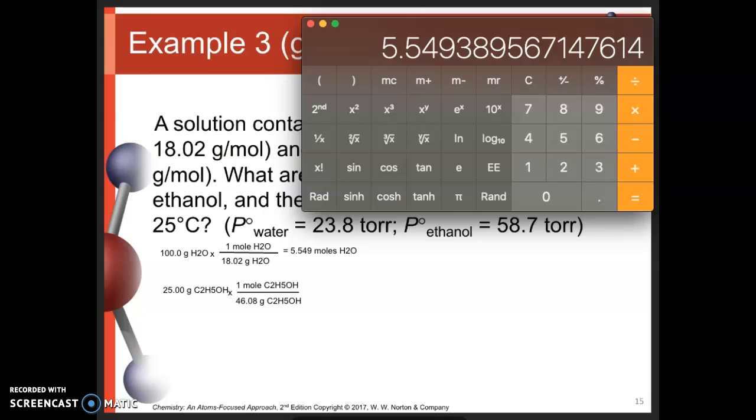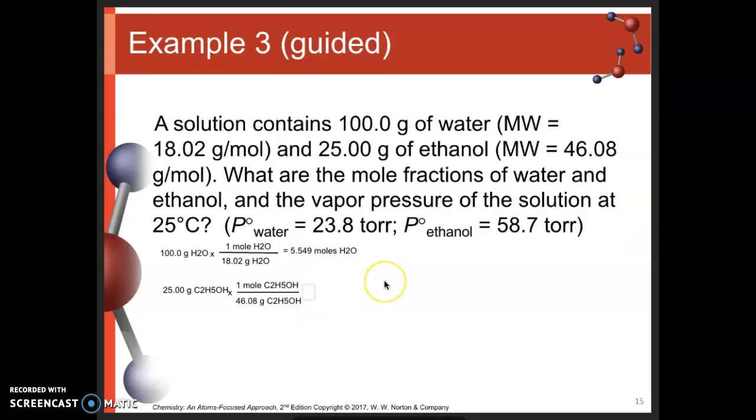And breaking out the calculator again, 25 divided by 46.08, to 4 significant figures, is 0.5425 moles of ethanol.